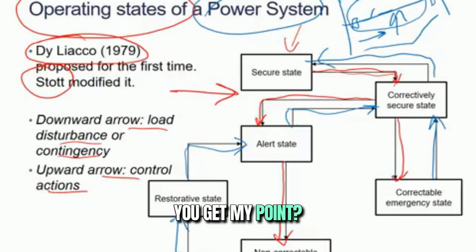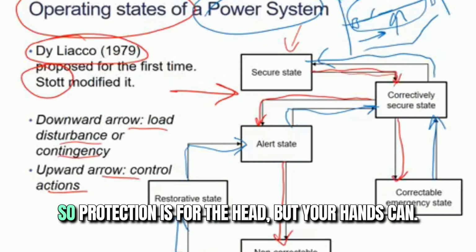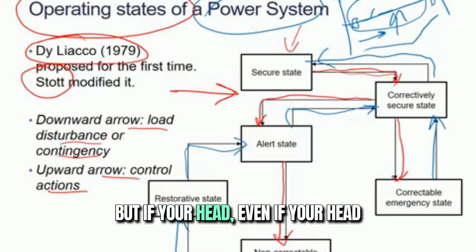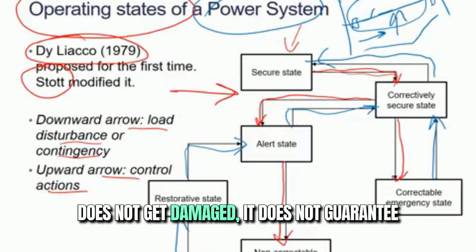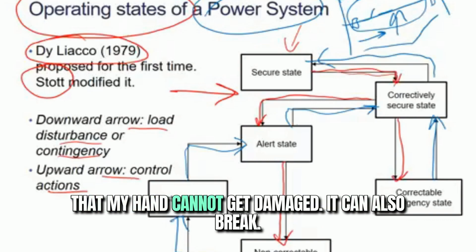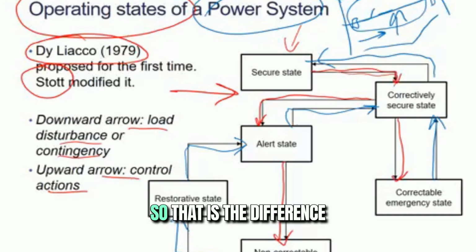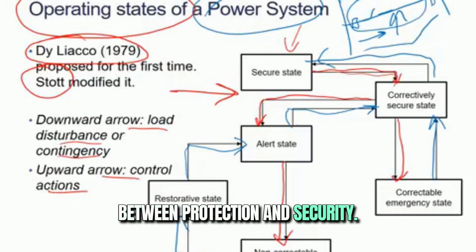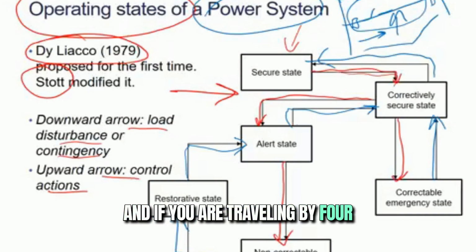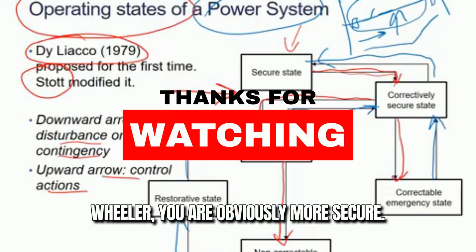Even if your head does not get damaged, it does not guarantee that your hand cannot get damaged. It can also break, right? So that is the difference between protection and security.